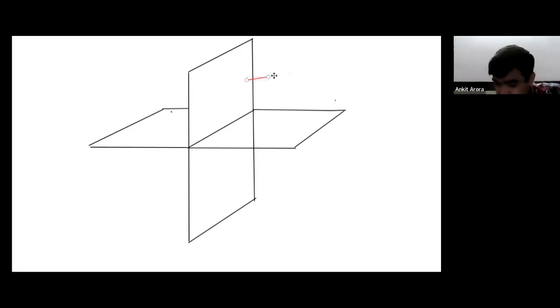So this is your vertical plane, right? So this is your VP and this is your HP.